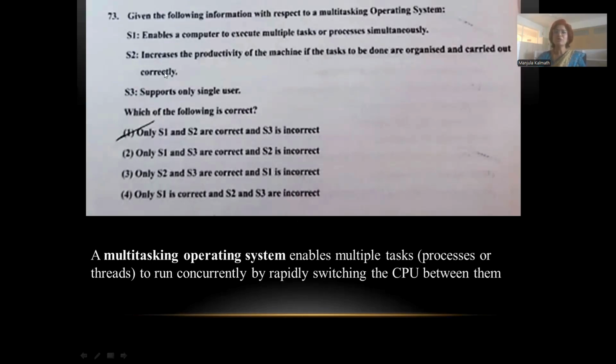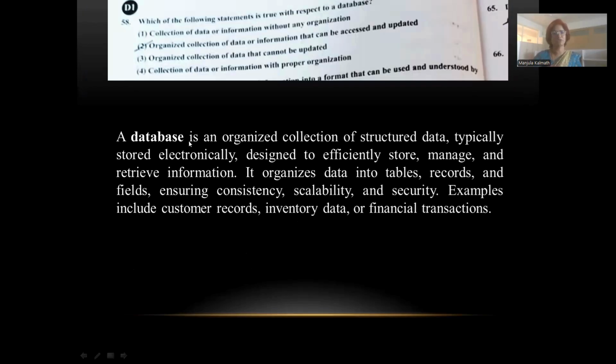When we have multiple tasks, there are different algorithms in the operating system. These algorithms make the proper sequence among the multiple tasks and all the tasks are executed without any interruption. Ultimately, it increases the productivity of the system. So S1 and S2 are the correct options and S3 is the incorrect option.